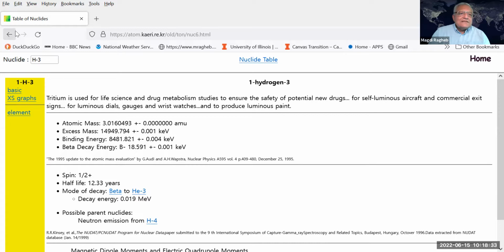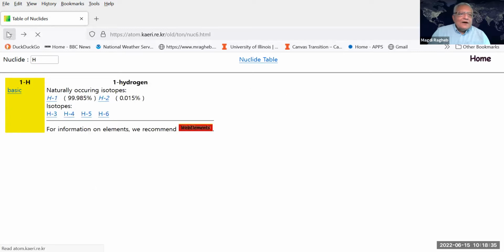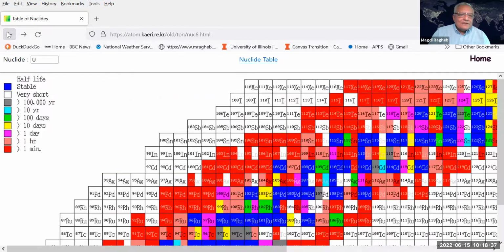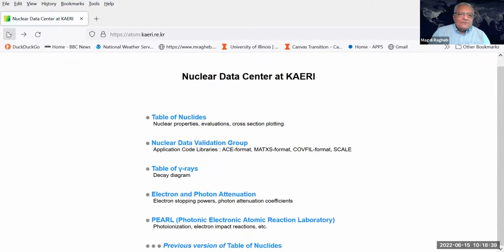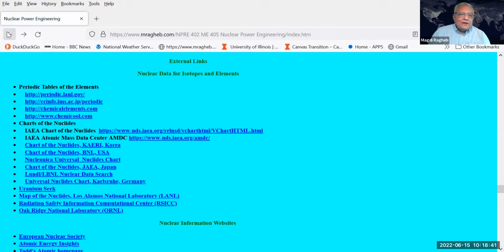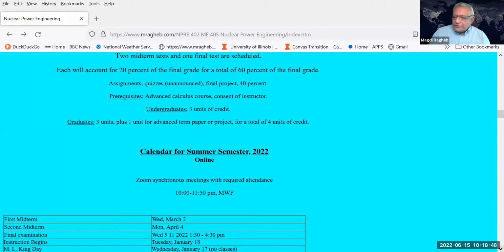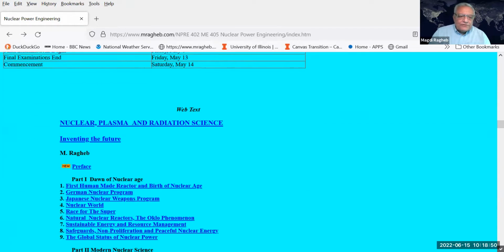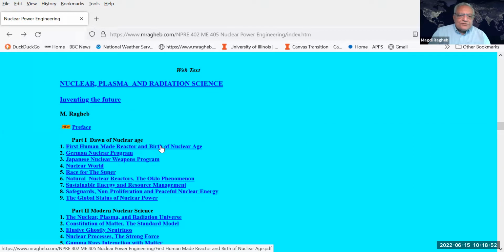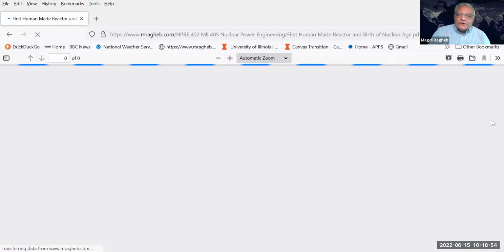All right, along this line, we can go back to our first chapter and get a better understanding of what went on in the period of time when people started building the first reactor, as we are trying to cover in our chapter on the first human-made reactor.